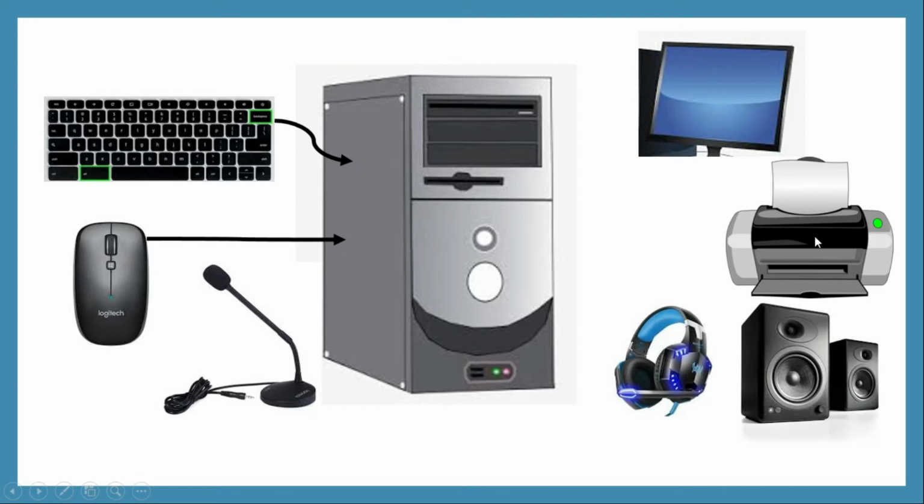Again, when you draw by the mouse, the drawing enters the system unit, or the computer case. After that, the computer case does processing and exits the information to the monitor or printer. That means monitor and printer are output devices, and keyboard and mouse are input devices.